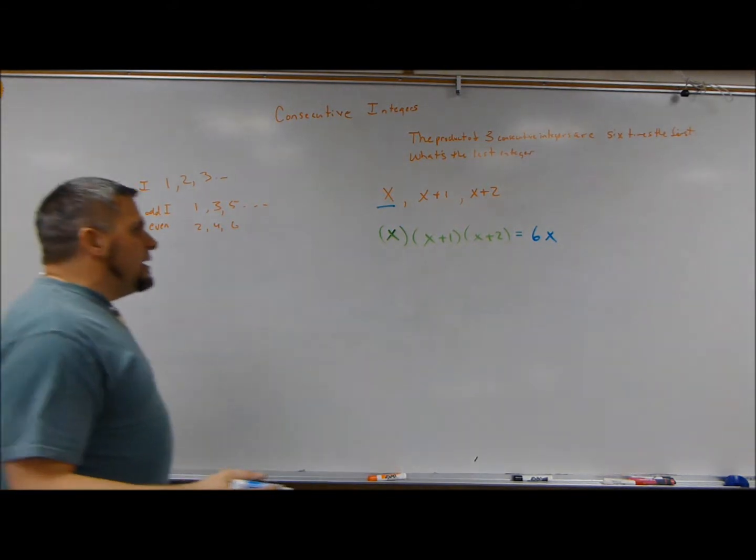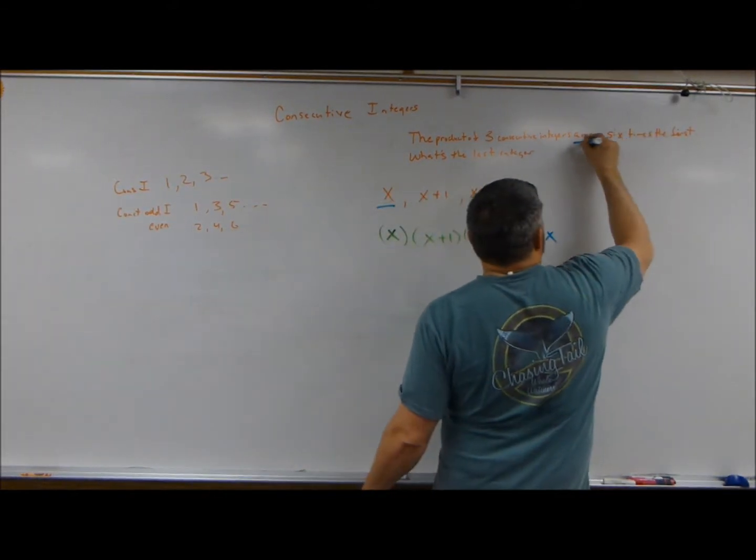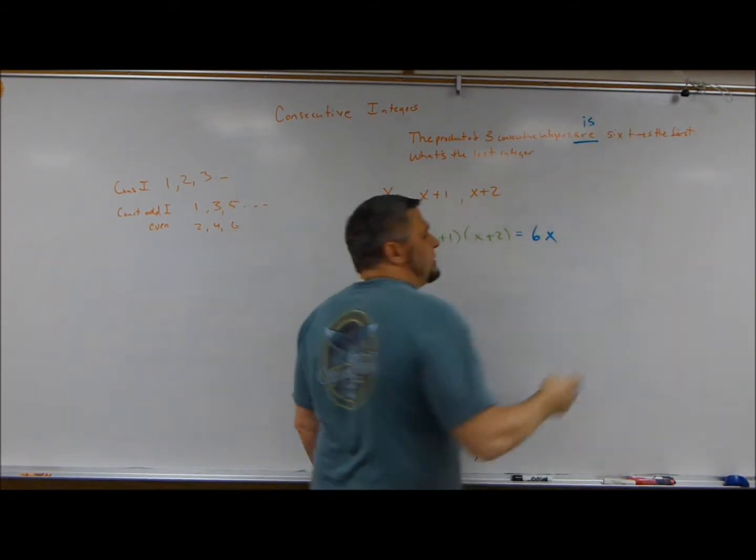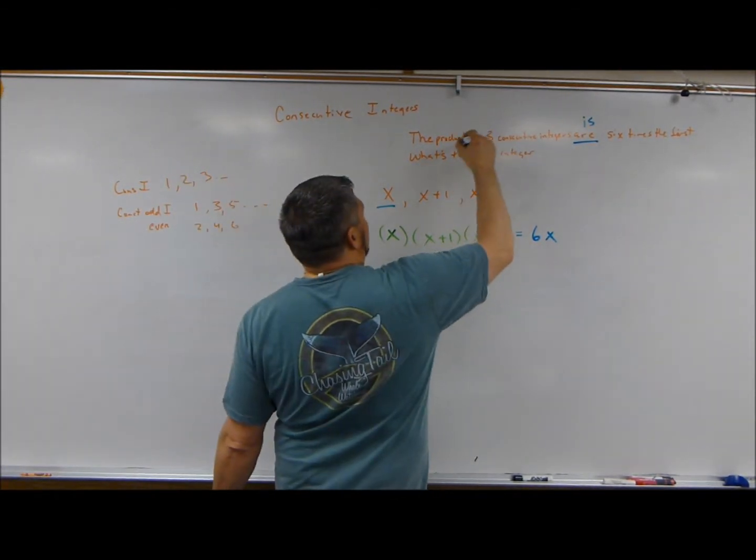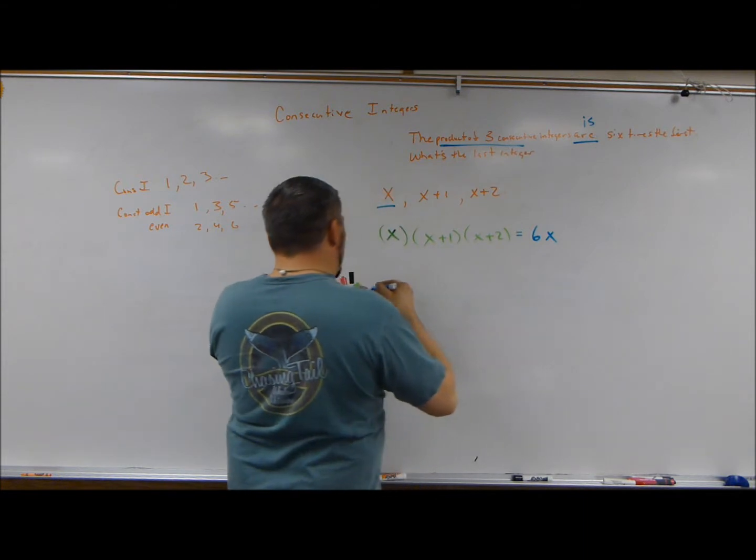So that's the whole key here. This is just the "are" or the "is," whatever it is, and then the product means these guys being multiplied.